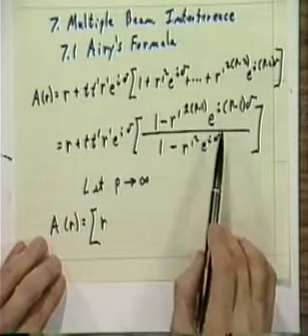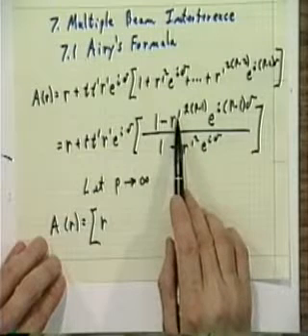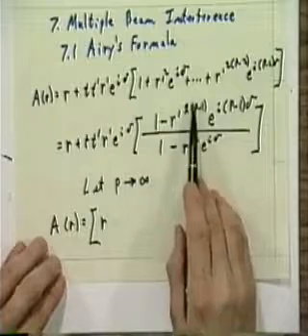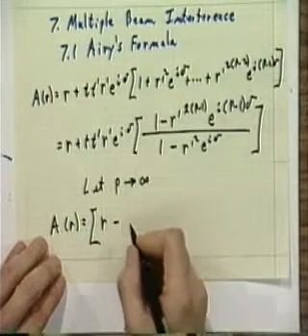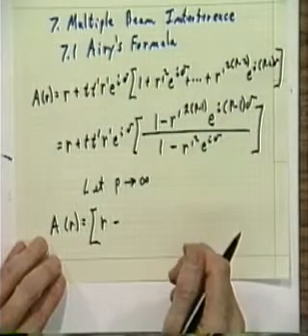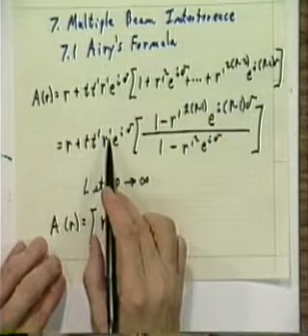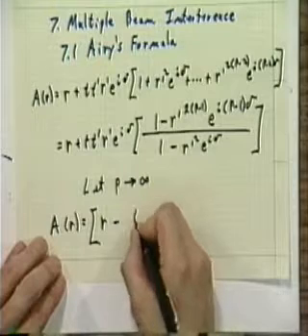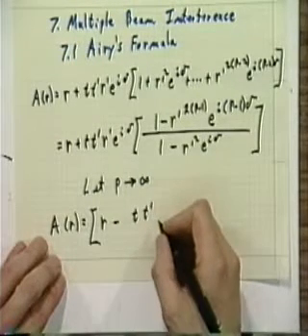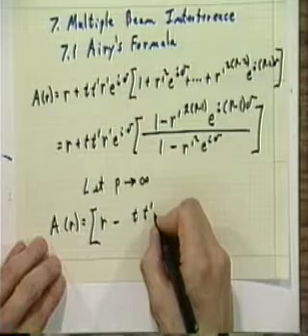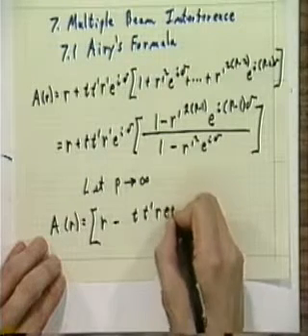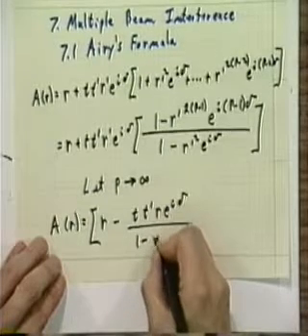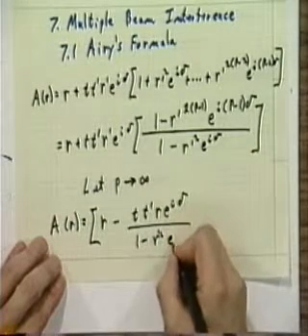And we let P go to infinity. R prime is a little bit less than 1. So when we let that go to infinity, that becomes 0. And so we're going to get a t t prime r e to the i delta, and then downstairs we're going to get 1 minus r squared, r prime squared e to the i delta.